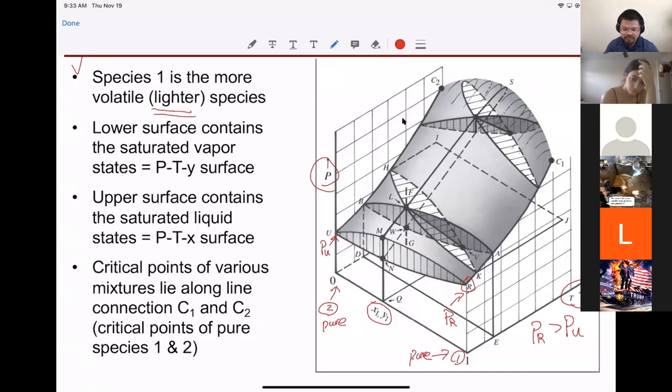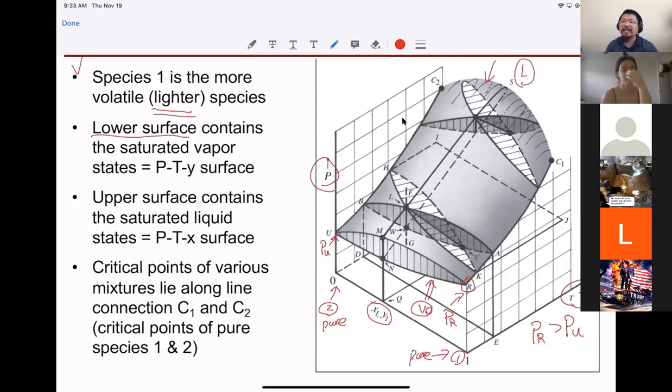And then using very similar analysis, we are able to tell that the lower surface is the vapor state. So the lower part would be the vapor, and the upper part would be the liquid.